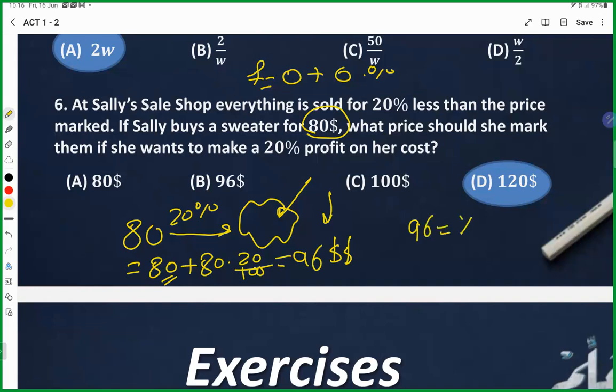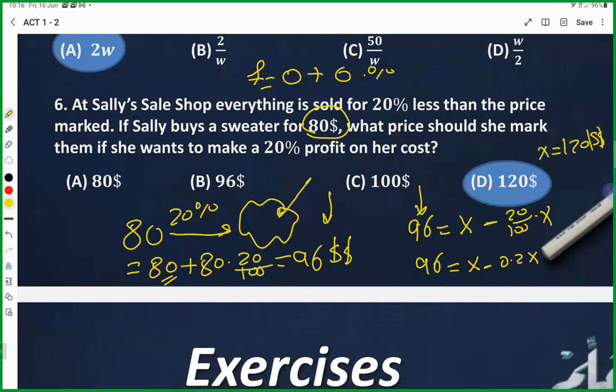There is a price I put on the tag, which I call X, minus a discount rate of 20 over 100 times X. So at the end, I get $96. So 96 equals X minus 0.2X. Solving, X in this case is $120.